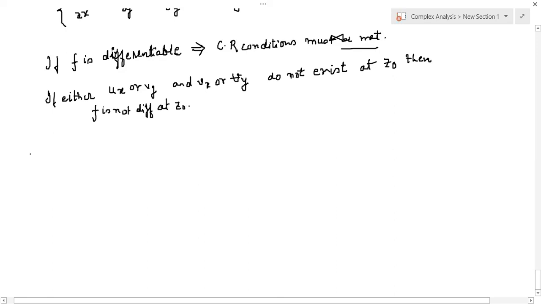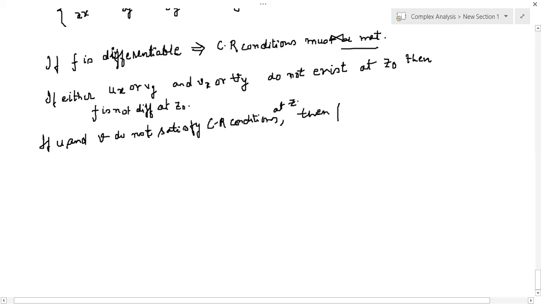In fact, another way of putting this can be: if u and v do not satisfy the Cauchy Riemann conditions at, let's say, z naught, then the function is non-differentiable.